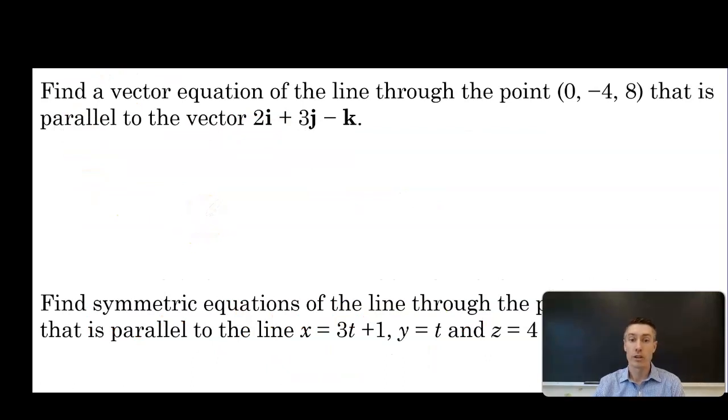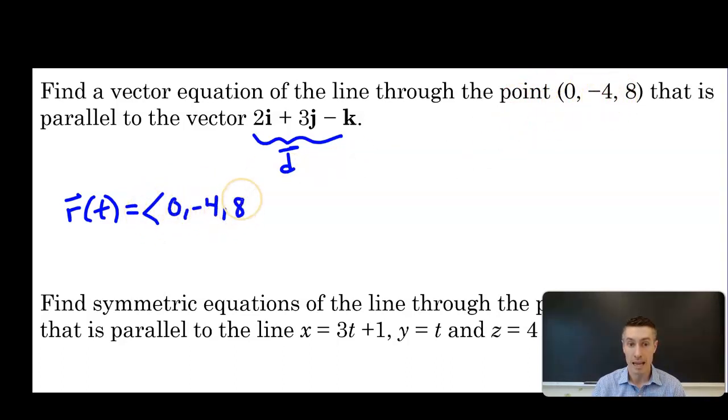Find a vector equation of the line through the point (0, -4, 8) that is parallel to the vector 2i plus 3j minus k. So if it's parallel to this vector, we're going to use this vector as our direction vector. So then r of t, the vector equation, from the origin to the point, would give us the vector ⟨0, -4, 8⟩ plus scalar multiples of the direction vector ⟨2, 3, -1⟩.